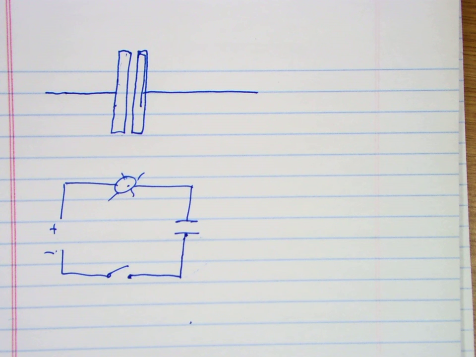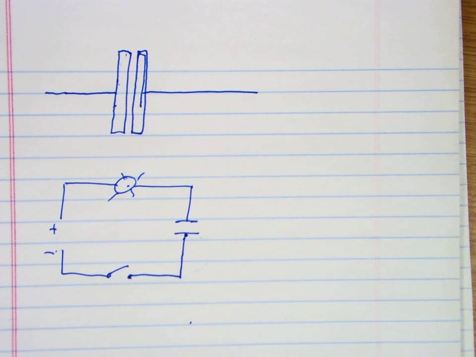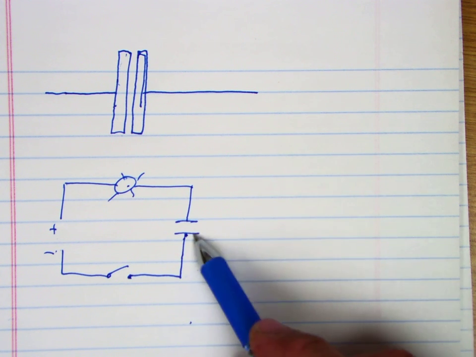Okay? So that's why we have time constants. When you first close this switch, this capacitor has no resistance, right? Lots of room for it to store charge. All those electrons rush onto this plate.